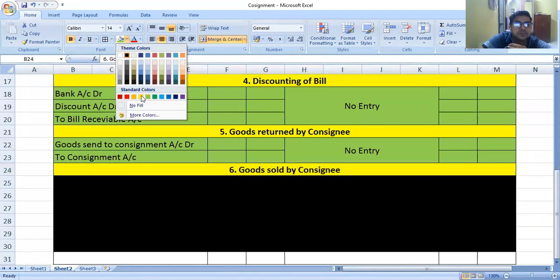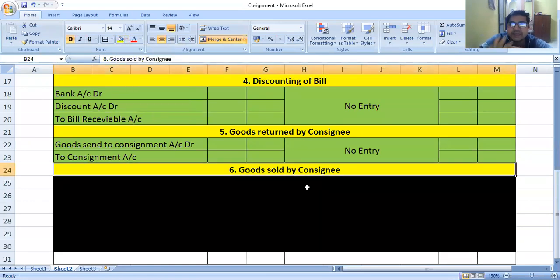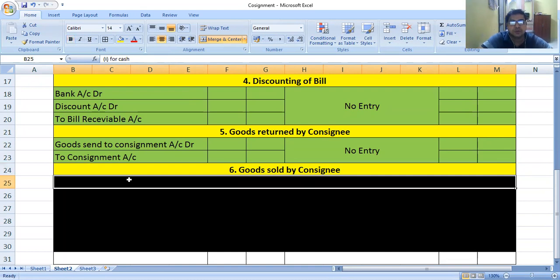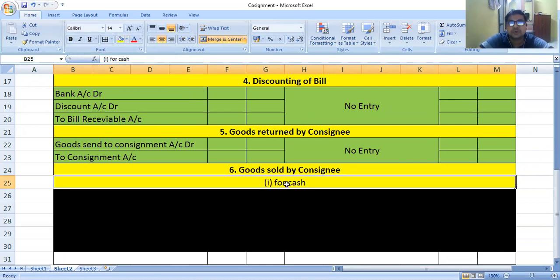Next, goods sold by consignee. Whenever the goods are sold, there are two things that can happen: goods sold for cash and sometimes goods sold for credit. First of all, we will discuss cash.